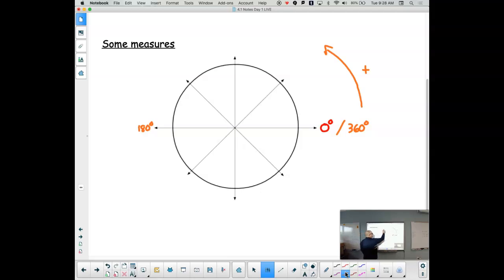Half of half would be 90. Half of half of half would be 45 degrees.